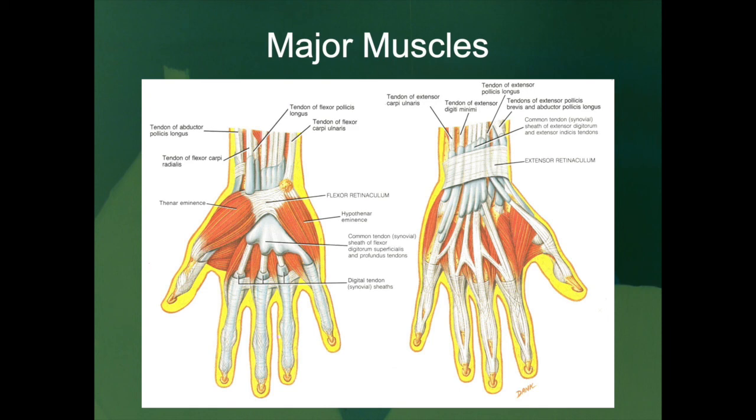Why do I mention all of this? Well, again, these 5 movement types, flexion, extension, adduction, abduction, and opposition, are all unique and very challenging movements that require a pretty significant amount of dexterity.